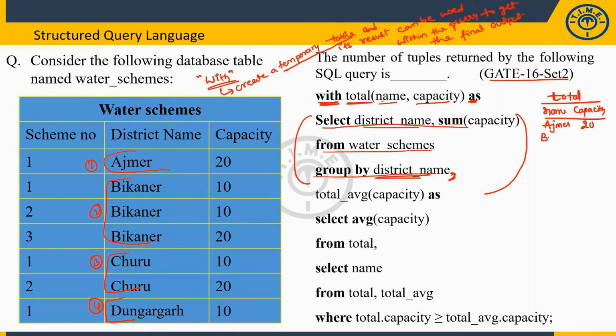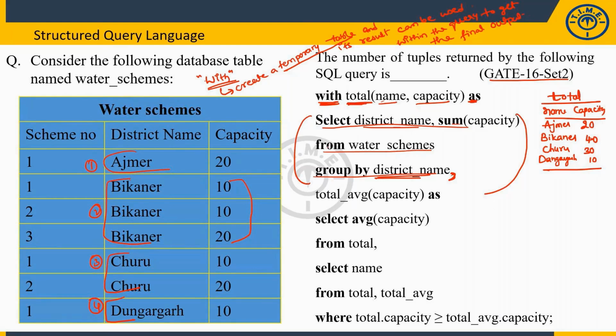Second group is Bikaner and capacity is 10 plus 10 plus 20, that is 40. Third group is Churu and capacity is 10 plus 20, 30. Fourth group is Dungargar and capacity is 10. Now 20, 40, 30, 10. Okay, these are the records in the output of the first query.